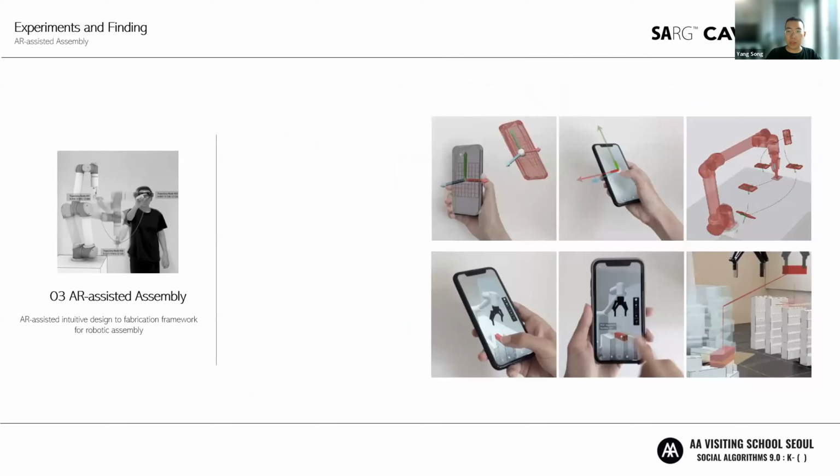And about the AR-assisted robotic fabrication, we create programming robots by hand gesture. There are two key points of operating a robot: the first is the trajectory, and the second is the command of an effector.